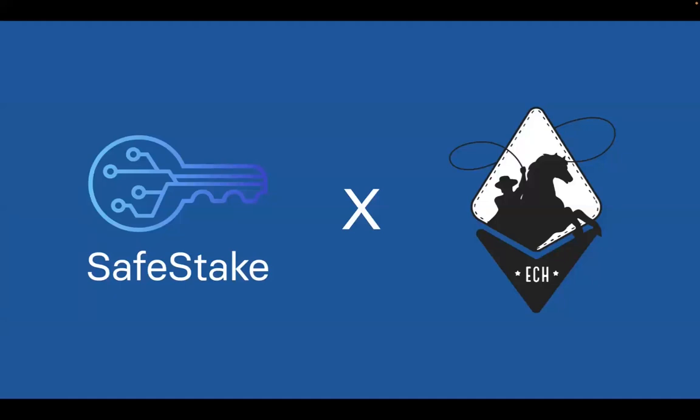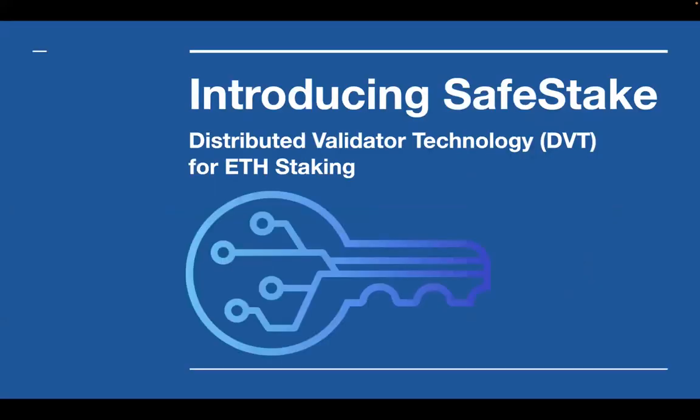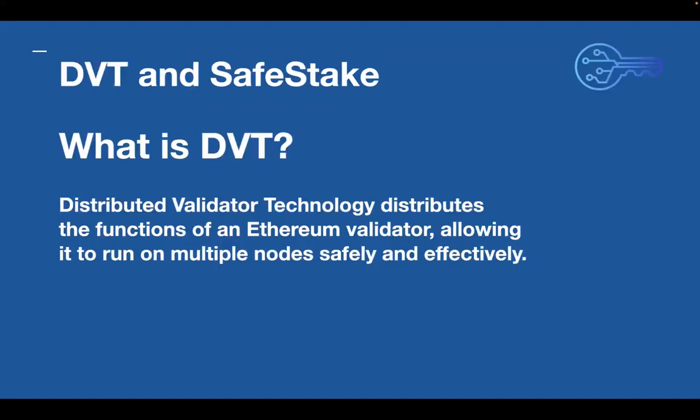Essentially, SafeStake is a distributed validator technology for Ethereum staking. That's why we're all here. If you're not familiar with DVT, a lot of people aren't, some are. DVT distributes the functions of an Ethereum validator.